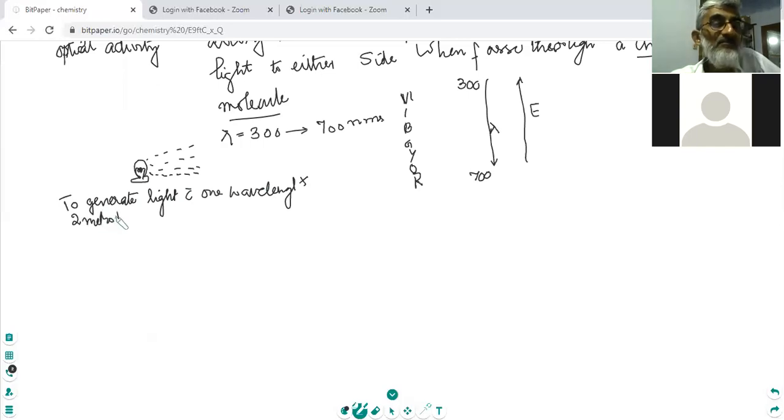Number one, use a separate source of light, which will produce only the required wavelength.